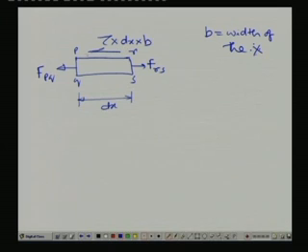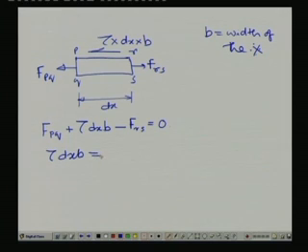So, we can very well write the force balance. The force balance gives us one important thing: F PQ plus tau dx into B minus F RS equals 0. So, tau dx B will come out to be F RS minus F PQ.